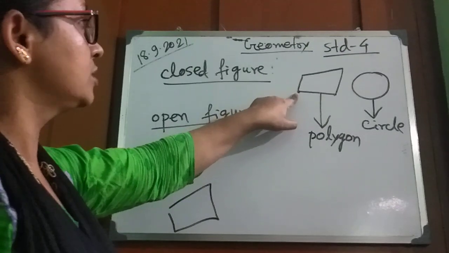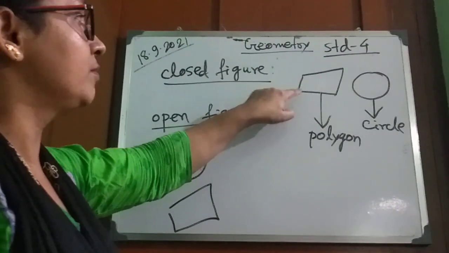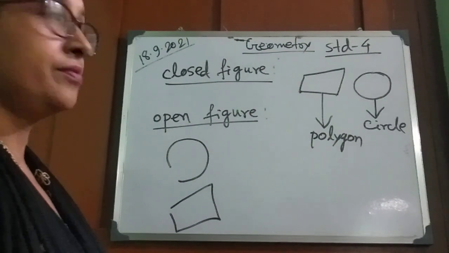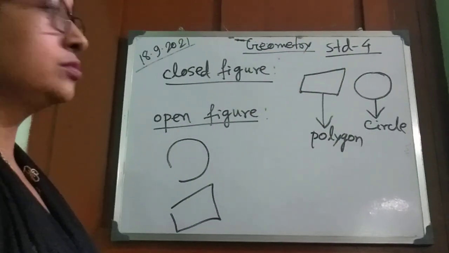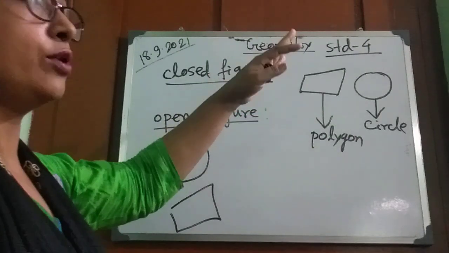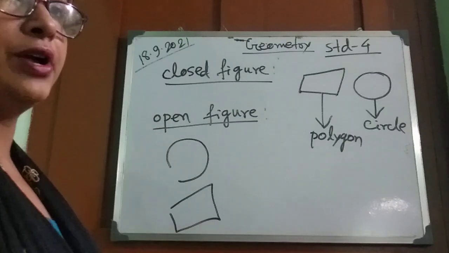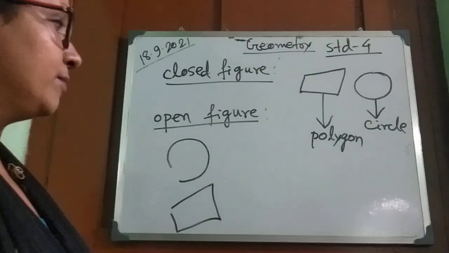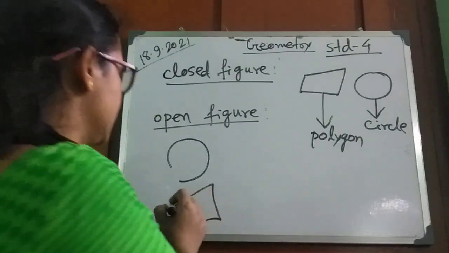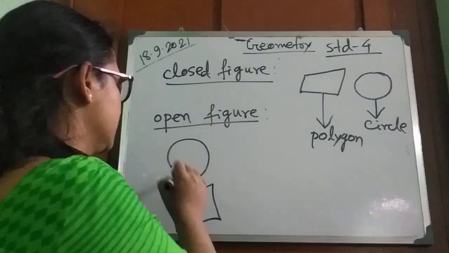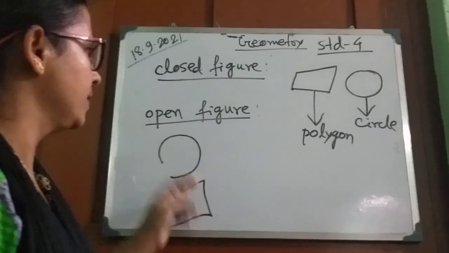But in the closed figure, the initial point and final point meet at one point, so we cannot understand which is the end point, because the initial point and end point are in the same point. But here we can see there is one gap between two points. So these are open figures.